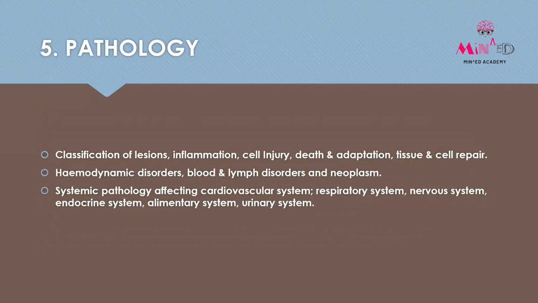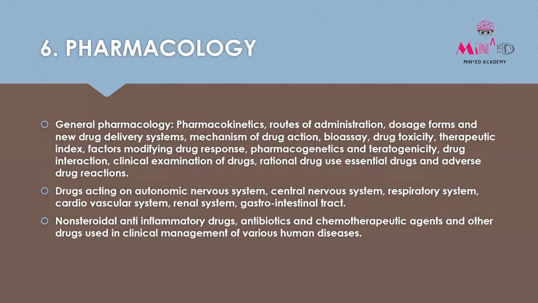In pathology, these are the most common questions, which you even get in university exams: classification of lesion, inflammation, cell injury, cell death, adaptation, tissue, cell repair, hemodynamics, then systemic pathology affecting cardiovascular system, respiratory system, nervous system, endocrine system, alimentary system, and urinary system.